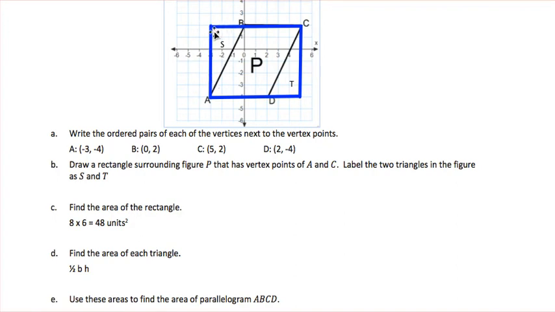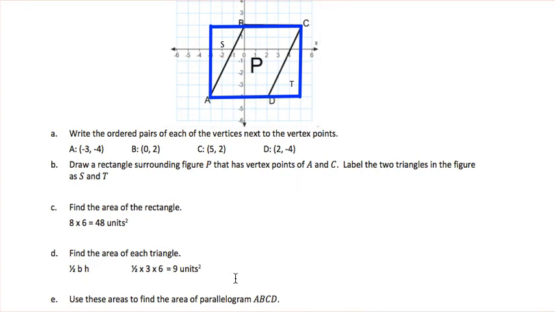So we have 1/2 times 3 times 6. And it is the length of the segment, not the number of squares. So we're going 1, 2, 3, 4, 5, 6 units in length. And 1/2 times 3 times 6 is 9 square units. And this is for triangle S.